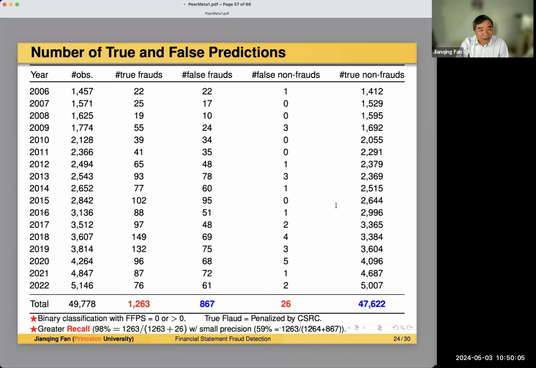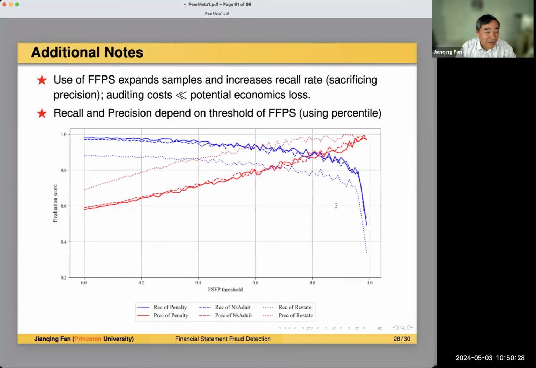Right, that's a very good question. It's really a thresholding issue. So how do you define fraud? Currently we classify in the sample whether it's fraud or not using a pretty low standard. It's related to the sensitivity study shown here.